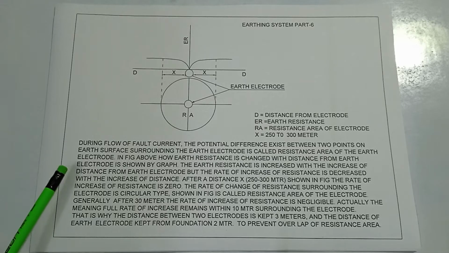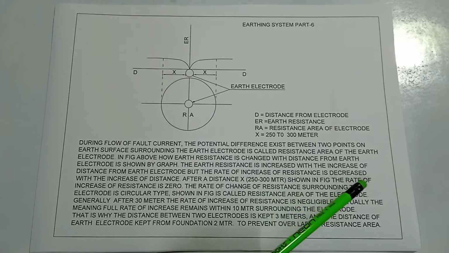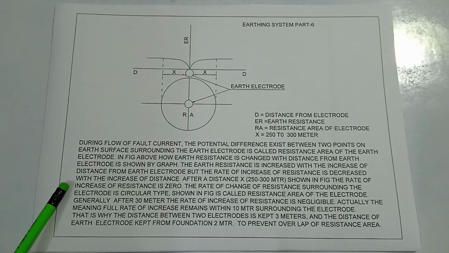But here the rate of increase of resistance decreases with the increase of distance, and after a distance X equal to 250 to 300 meter, as shown in the figure, the rate of increase of resistance is 0.